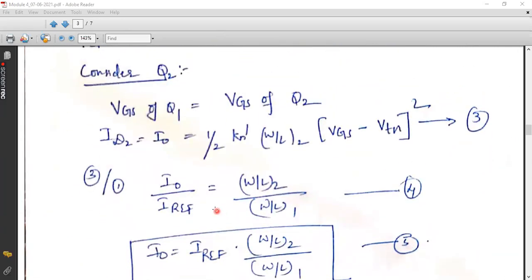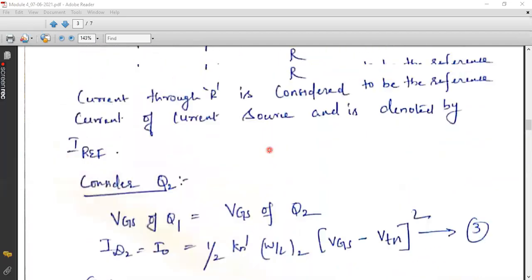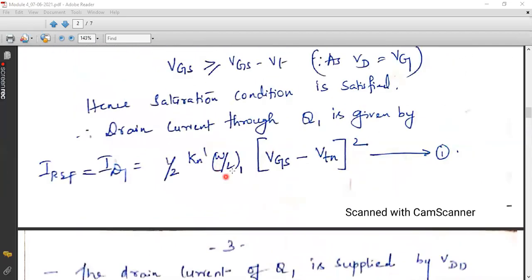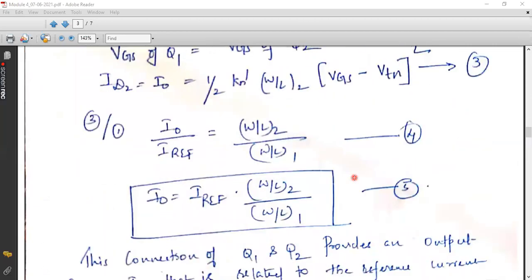So I0 by IREF is equal to half Kn dash, which is constant, so you can cancel that. VGS minus VTN is also the same, so that can also be cancelled. The remaining terms are W by L to the base 2 divided by W by L to the base 1, whereas all the remaining terms will get cancelled.